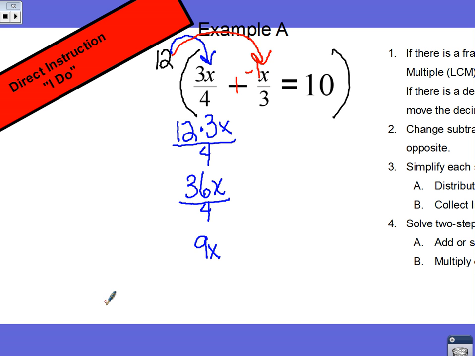It's completely up to you. So I've got 12 times negative 1x over 3. Well, 12 times negative 1x is negative 12x over 3. Negative 12 divided by 3 is negative 4. So that plus negative 4x. Another term with no fraction.